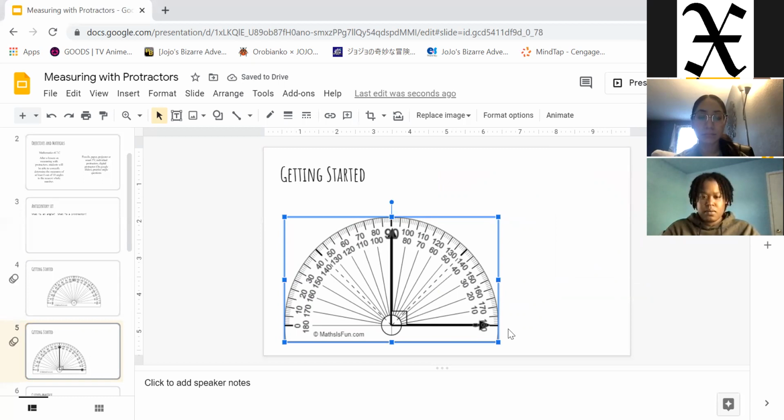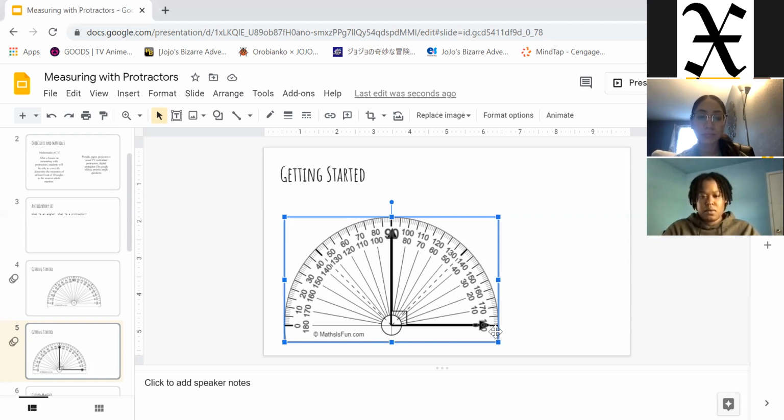And the reason why I put it here, not only because it intersects right there, but because we see that's where the flat line is right here, right? You guys see it? We want to line that up with the bottom line of this protractor. Make sure it's straight on top of it.